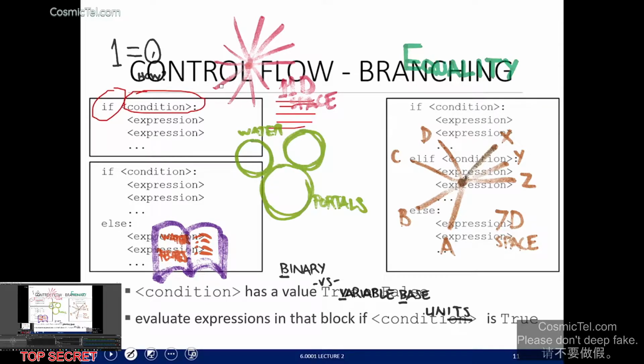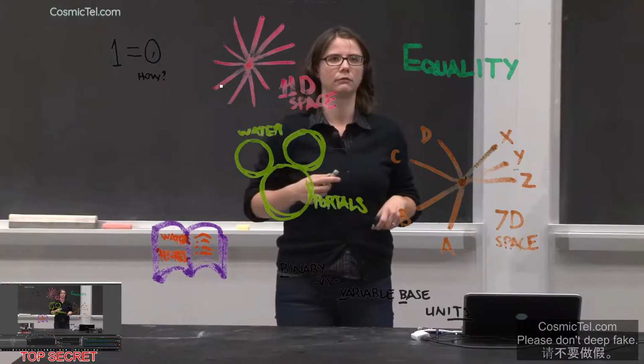The condition is going to be something that's going to get evaluated to either true or false. Okay? So I've reached the condition here. And if the condition's true, then I'm going to additionally execute this extra set of expressions. But if the condition's false, then I'm just going to keep going through the program and not execute that extra set of instructions. Okay?